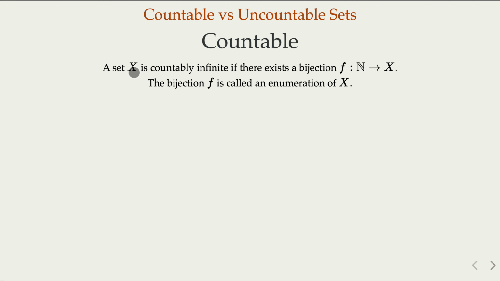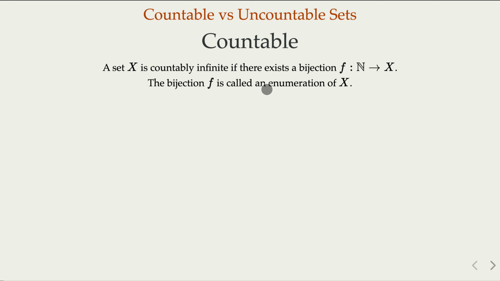Usually we claim a set X is countably infinite if there exists a bijection function from the natural numbers to the set. So bijection f is called an enumeration of X. If you can enumerate this infinite number of elements in the set, then the set is countable.